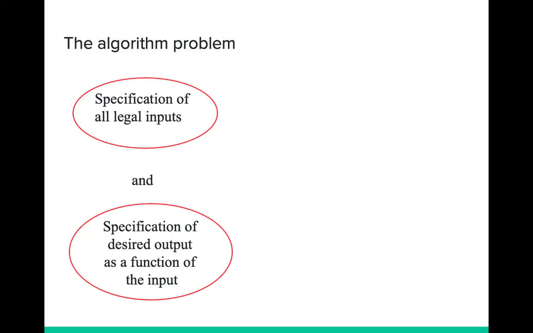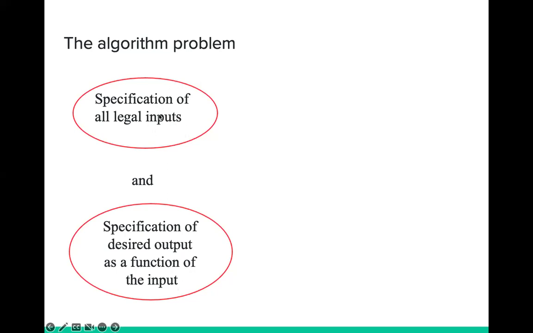So what would be the input and what would be the output? The input would be the set or sequence of integers. It's important that we specify legal or valid inputs, and we also have to specify the desired output as a function of the input.